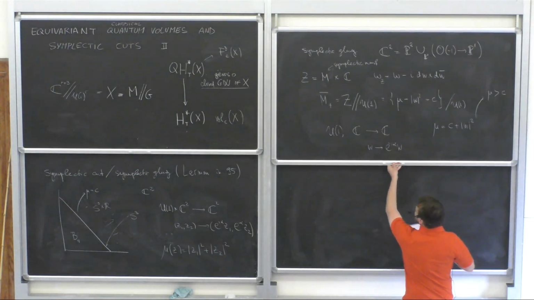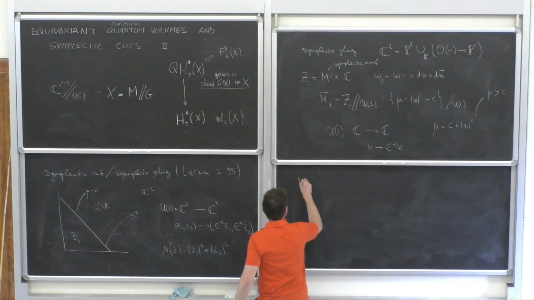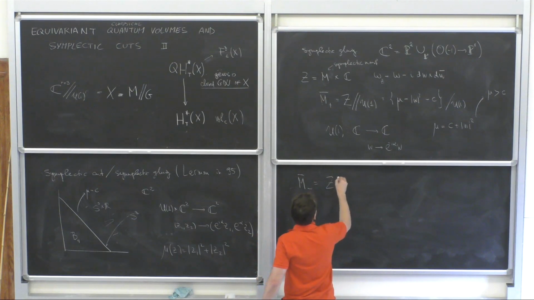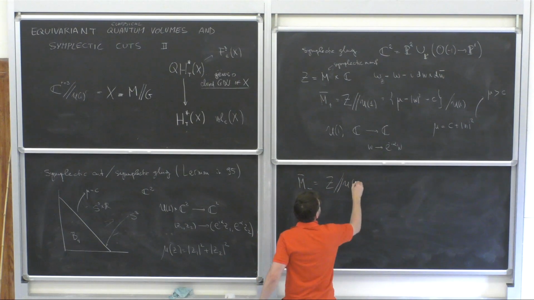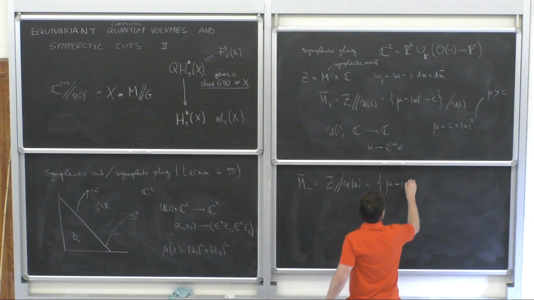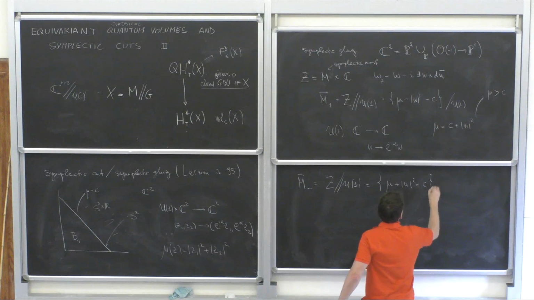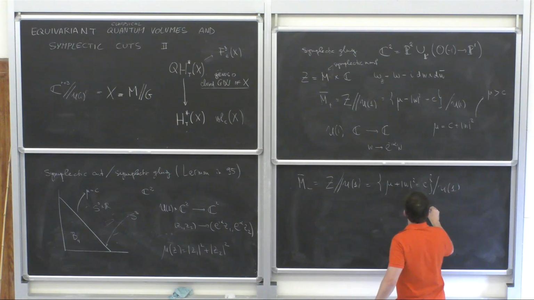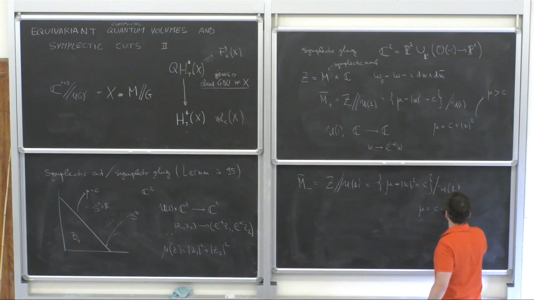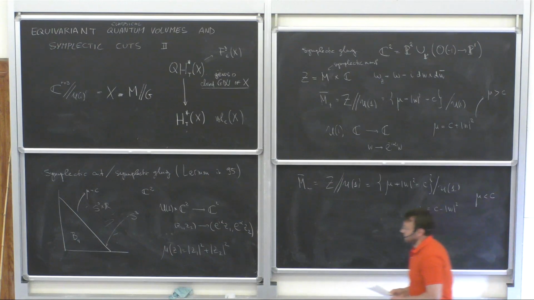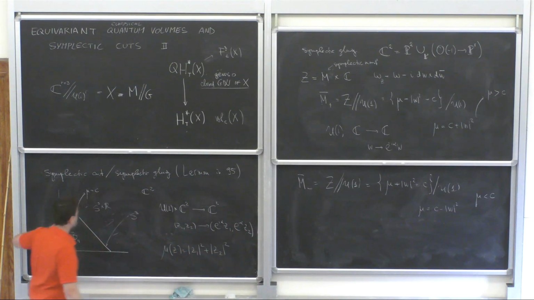And another choice would be to take m bar minus and construct another space with U1, when I take mu plus W square equal to C, quotient by U1. This would correspond to C minus W square, and I get mu less than C. So this will be this part of the space.